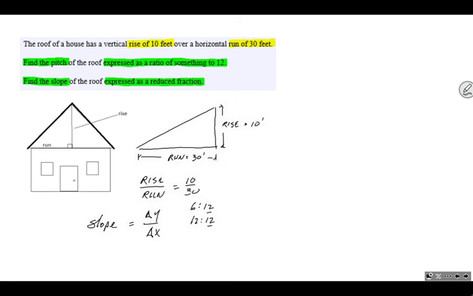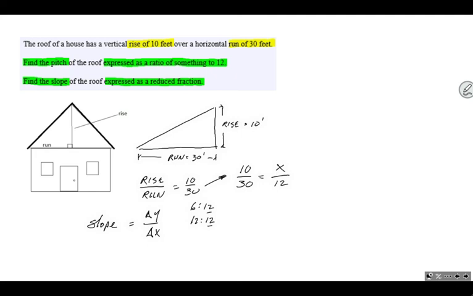Well, how do we do that? If you'll remember, when we're dealing with ratios and proportions, we can set that up using our rise over run here. We have 10 over 30, and we need to create an equivalent fraction, an equivalent proportion, over 12. What we're looking for is this missing value here, x.